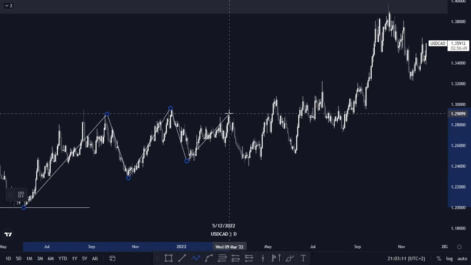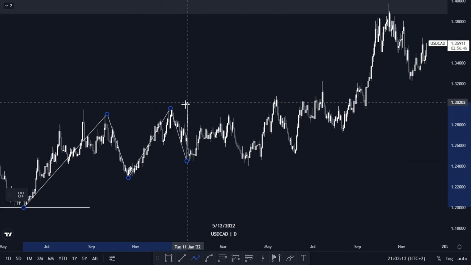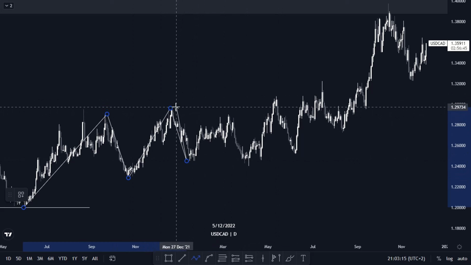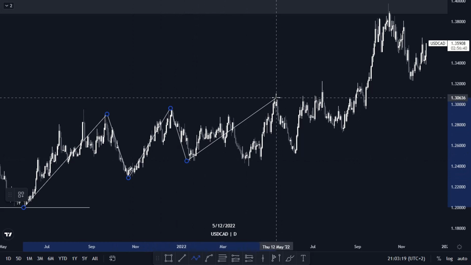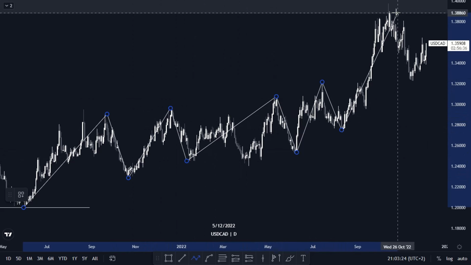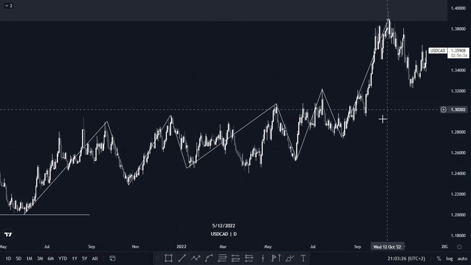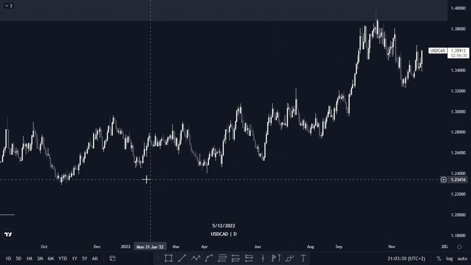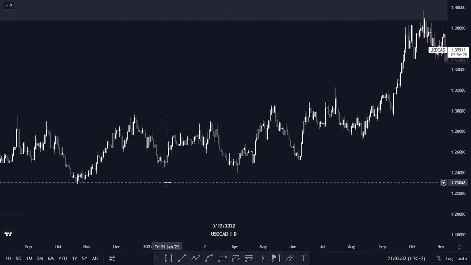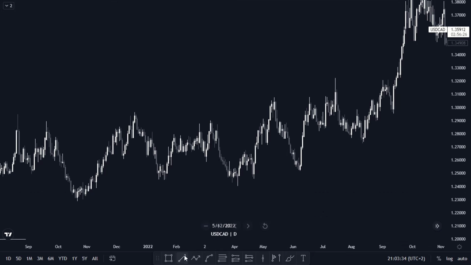We can't consider this as a higher high because it hasn't broken the previous higher high. So here, this is going to be our higher high, higher low, higher high, higher low, and this is our all-time high here. Okay, so we can see that, and we can see here the break of structures.